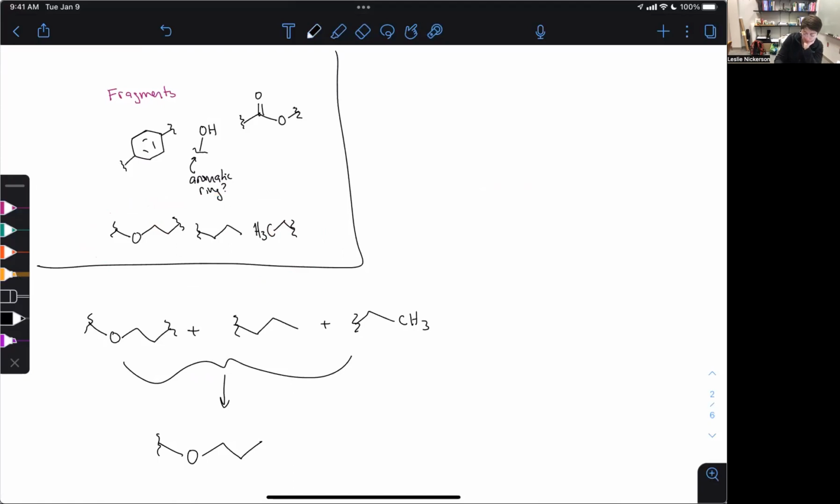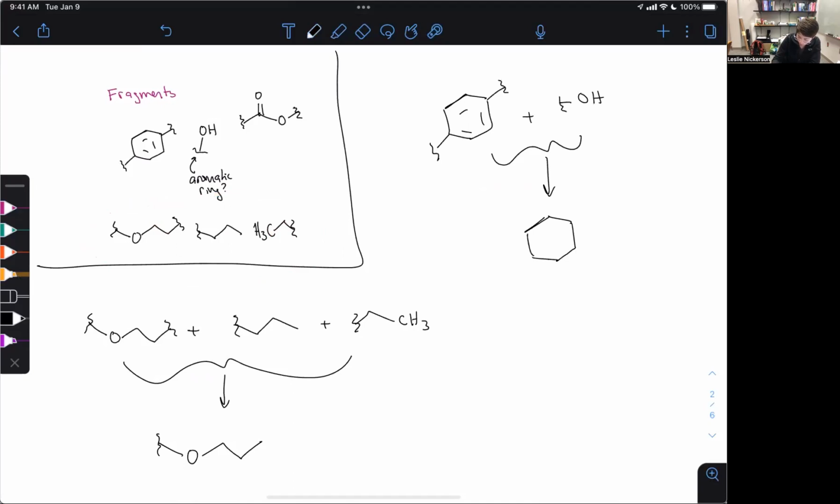So we also said that we might be able to just stick our alcohol on our benzene ring, because based on the chemical shift of the alcohol, that seemed to make sense. Okay, so we would still need one of the other pieces to go in here.